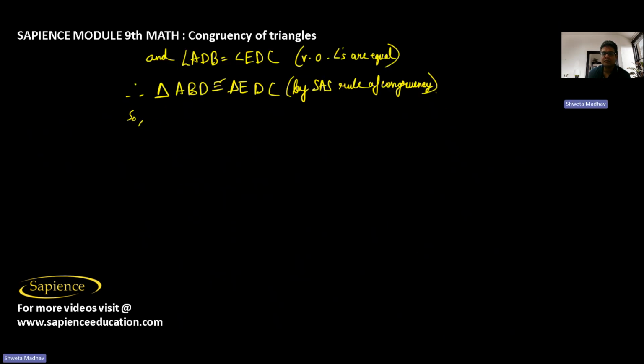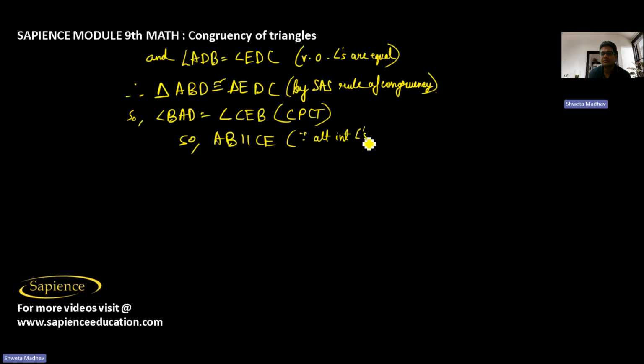I can say angle BAD is equal to angle CEB by CPCT. So I can say that AB is parallel to CE since alternate interior angles are equal. Similarly, we can show that.